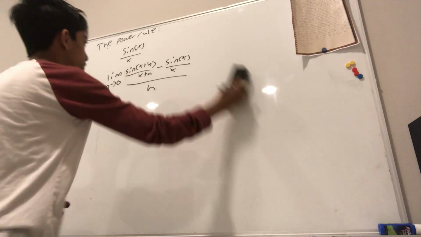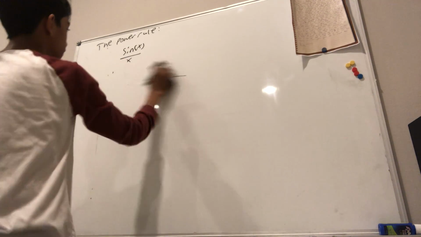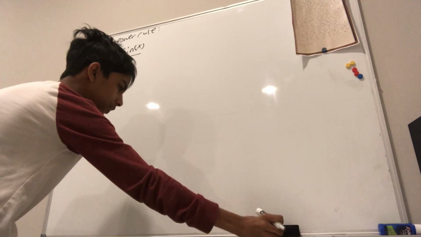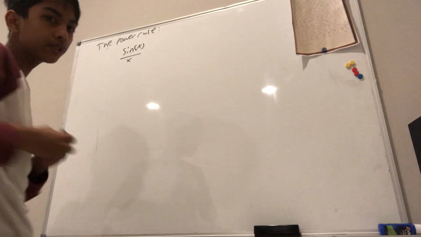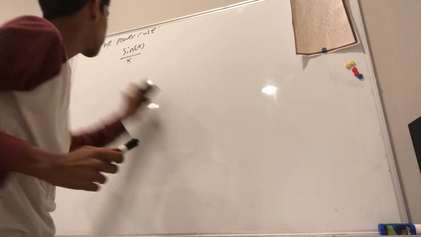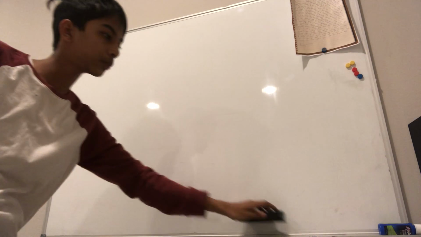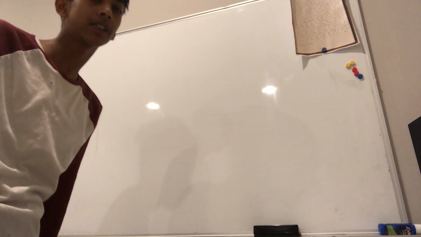So anyway, it's kind of tedious, so I'm just going to end it here with the power rule. I can see this explanation is not going to be too clear, but once we actually get into applying all this stuff, it'll get easier.